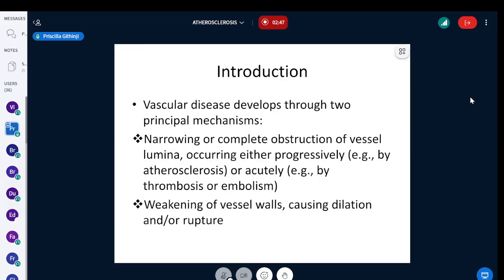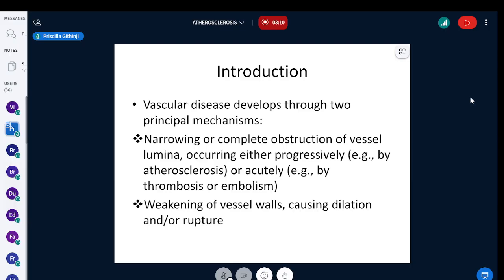Before I go into the actual diseases, it is important to know that diseases of blood vessels usually occur by two principal mechanisms. One is a narrowing or complete obstruction of a blood vessel lumen. The lumen is the opening.